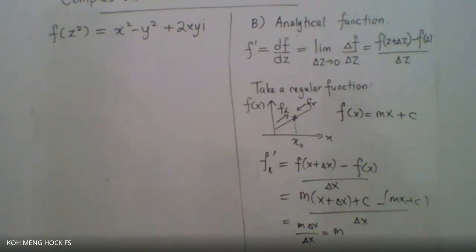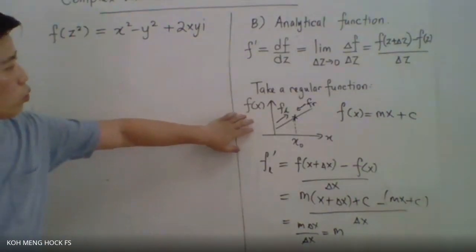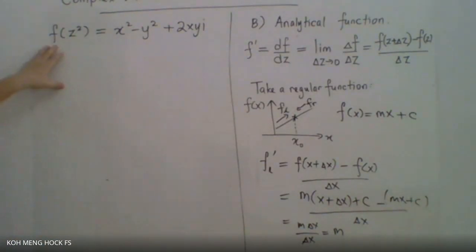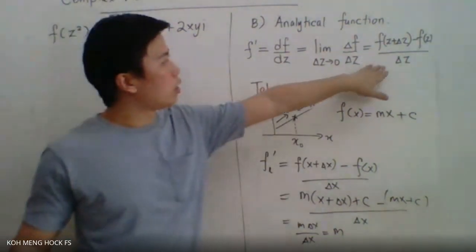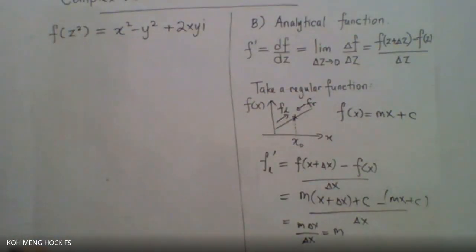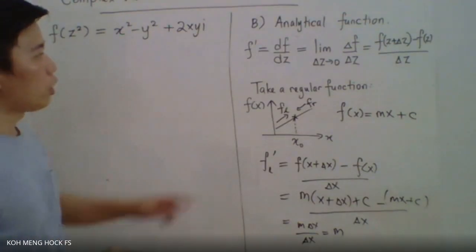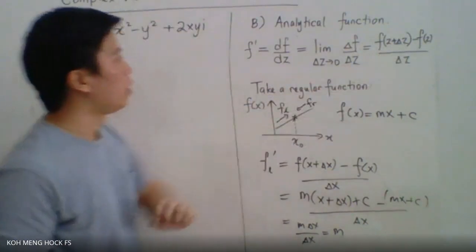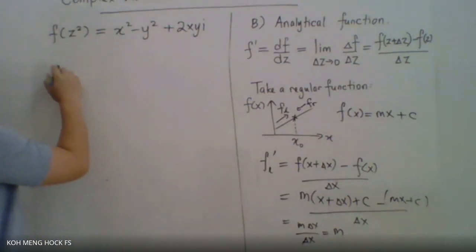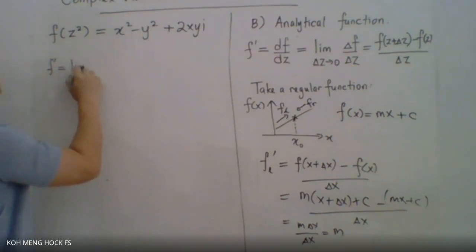Okay, so now in order to show whether this function is analytical or not, there is no need for me to expand this. I can just use this definition over here. So here you have a function that depends on z squared, right? So when you take the differentiation, you have z plus delta z. Right, so now you have f prime, that is the definition.